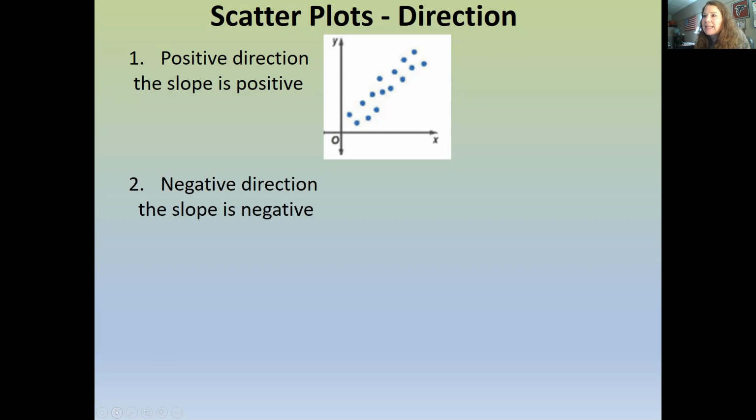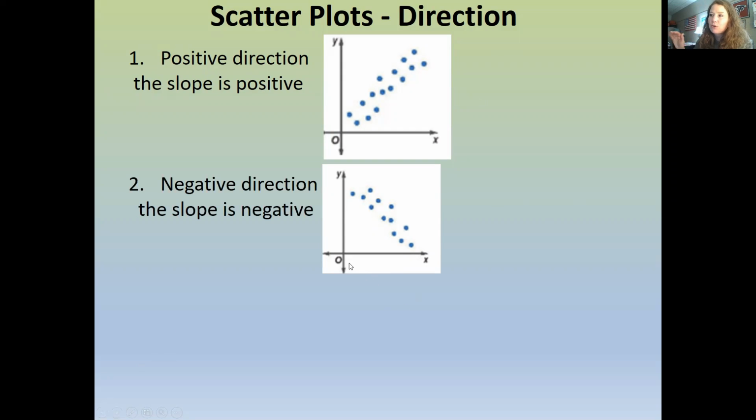Now, if you have a negative slope or a negative correlation or a negative trend, that means that one set of numbers increases, because the x-axis is always going to be increasing, and the other set of numbers would be decreasing.